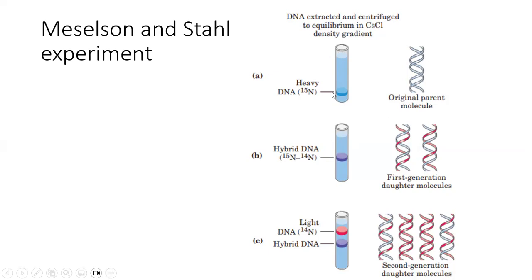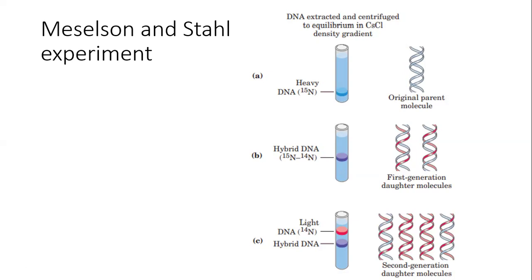What was observed was that a 15N-containing DNA band was formed at a particular position. The cells were then transferred to a fresh medium containing the normal isotope of nitrogen, that is 14N.